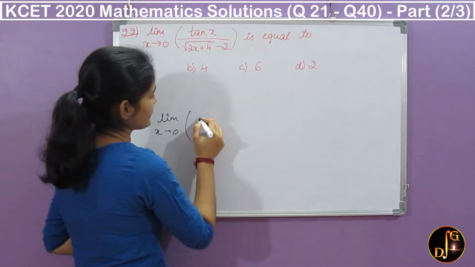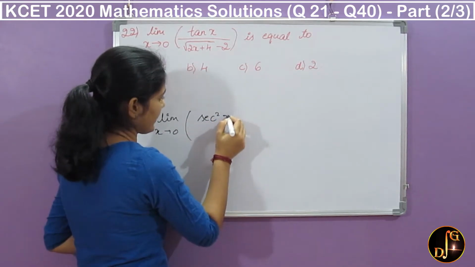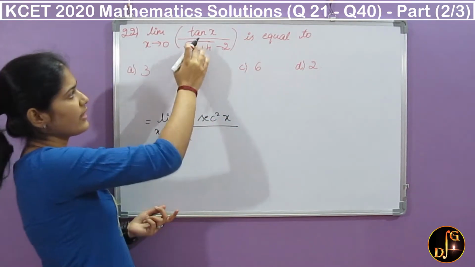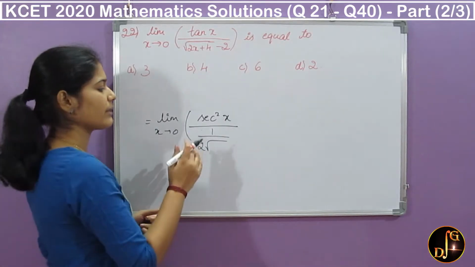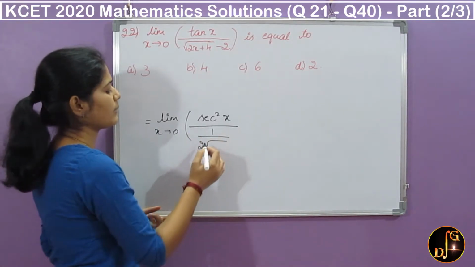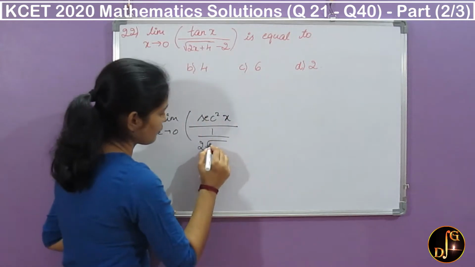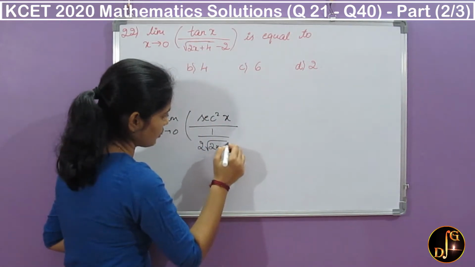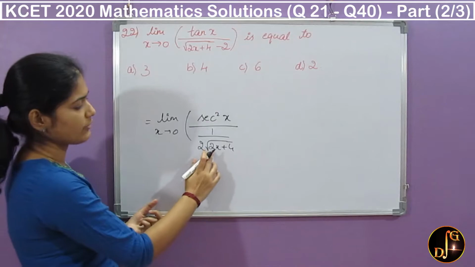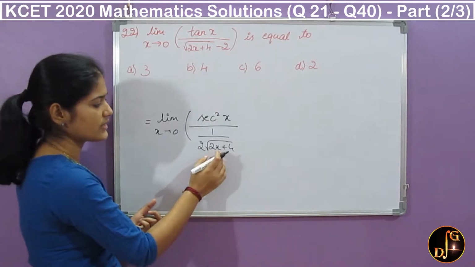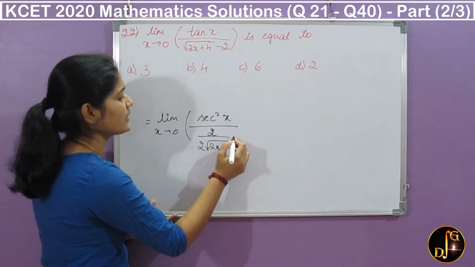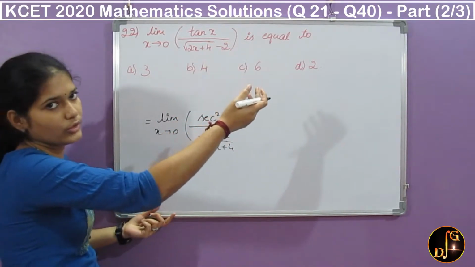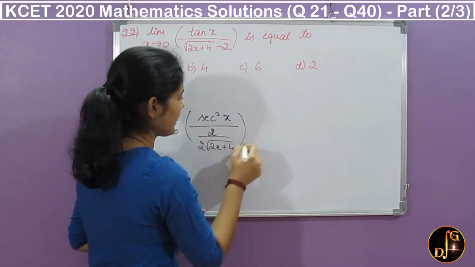Differentiation of tan x is secant square x divided by, we have to differentiate the denominator. Differentiation of root x is 1 by 2 root x. So it is 1 by 2 into square root of 2x plus 4 into differentiation of 2x plus 4, that is 2, right? And differentiation of 2 is 0, so this is the answer.